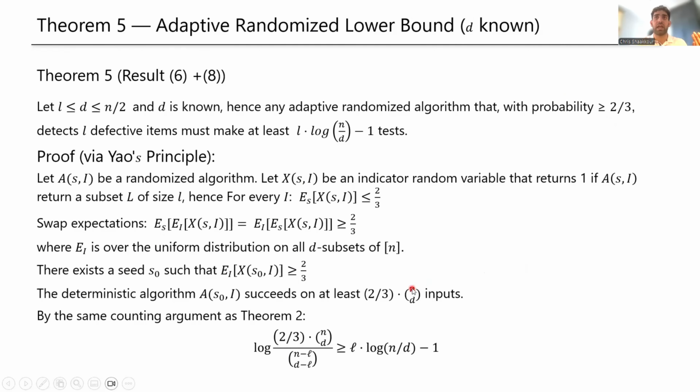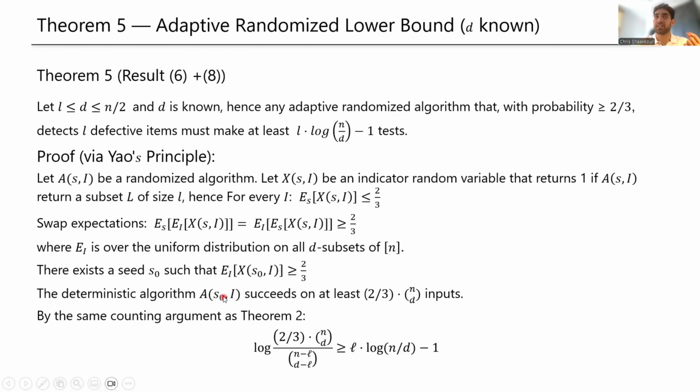Okay, so if we have N choose D, it's all the input possibilities, all the defective input groups. And we know that the deterministic algorithm with respect to the seed that we have seen before succeeds on at least 2/3 of the inputs. So using Yao's principle, we have transformed this randomized problem into a deterministic problem where the randomization is not on the algorithm. We have made the seed static.